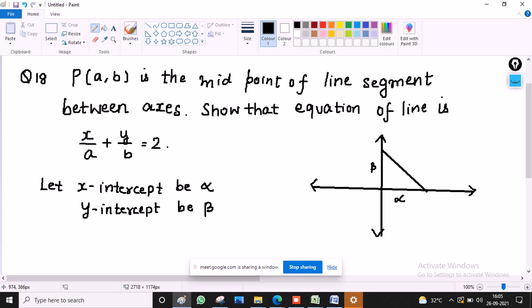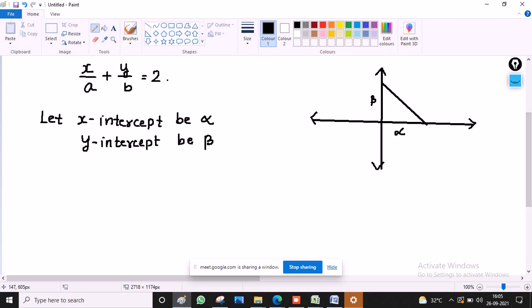So if I know the x and y intercept of this line, can I write its equation? Yes. The equation of the line between the axes will be given by the intercept form.